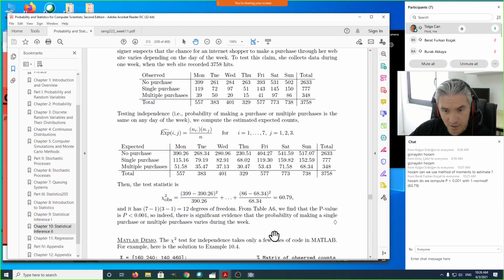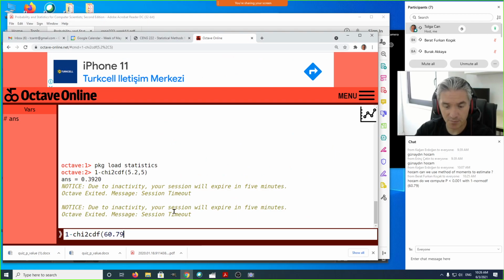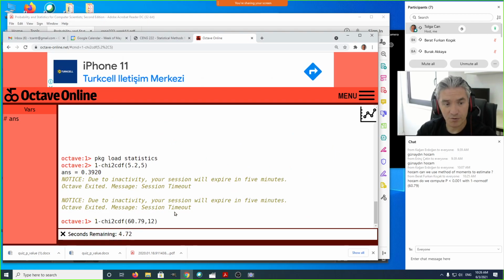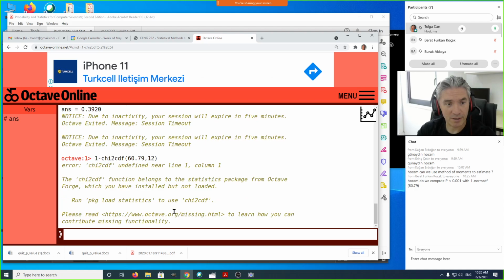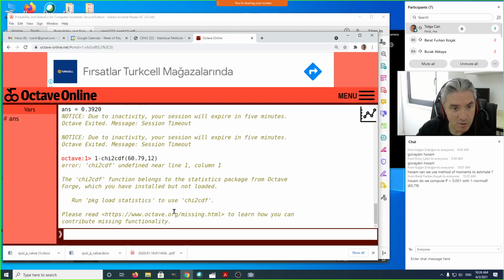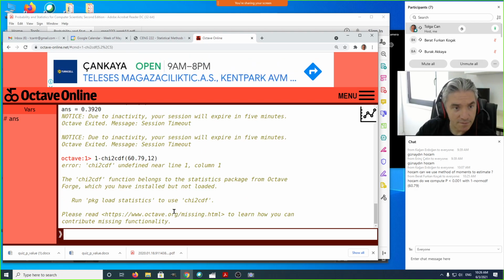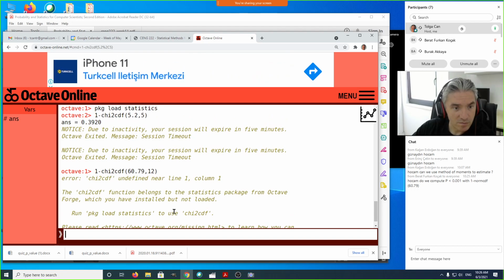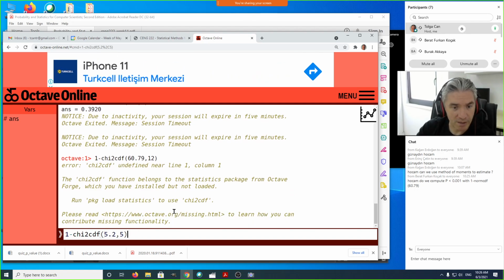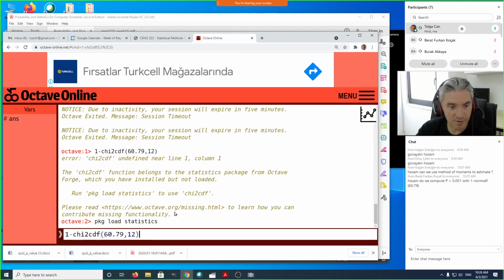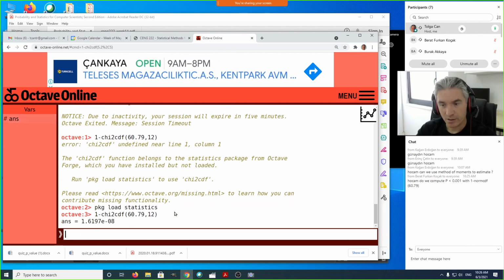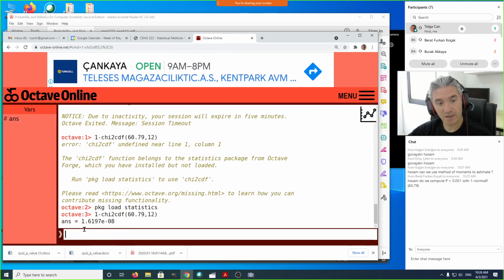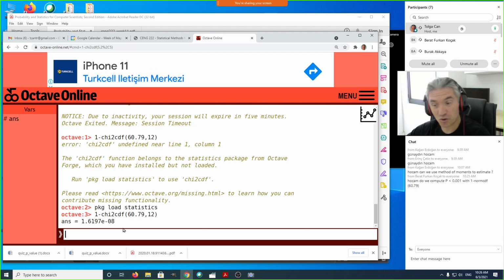Let me take a look at it. I need to load the statistics since I disconnected. So yes, it's really small. As you can see, it's even smaller than 0.00001.